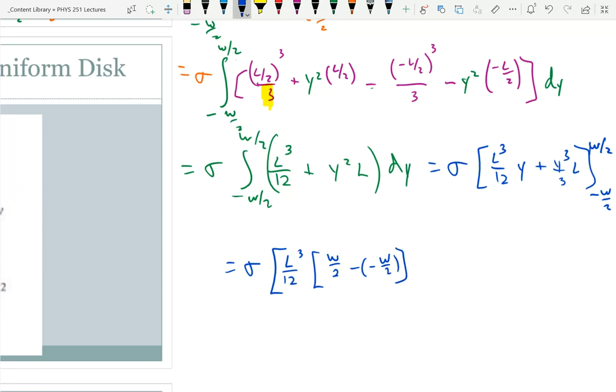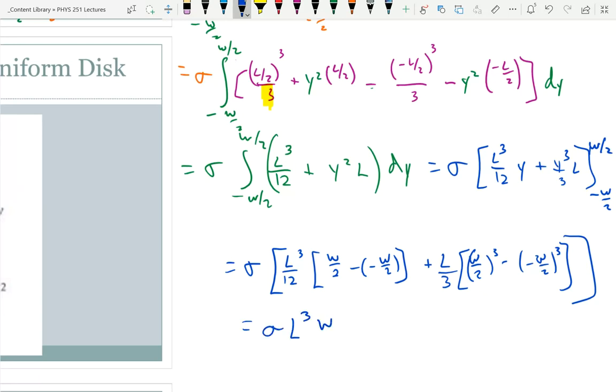I put the upper and lower limits in for the first term; it's just a faster way. L over 3 times W over 2 cubed minus W over 2. So that's also going to end up with, and these are doubling again. And so that's sigma L cubed W over 12 plus sigma L W cubed over 12.